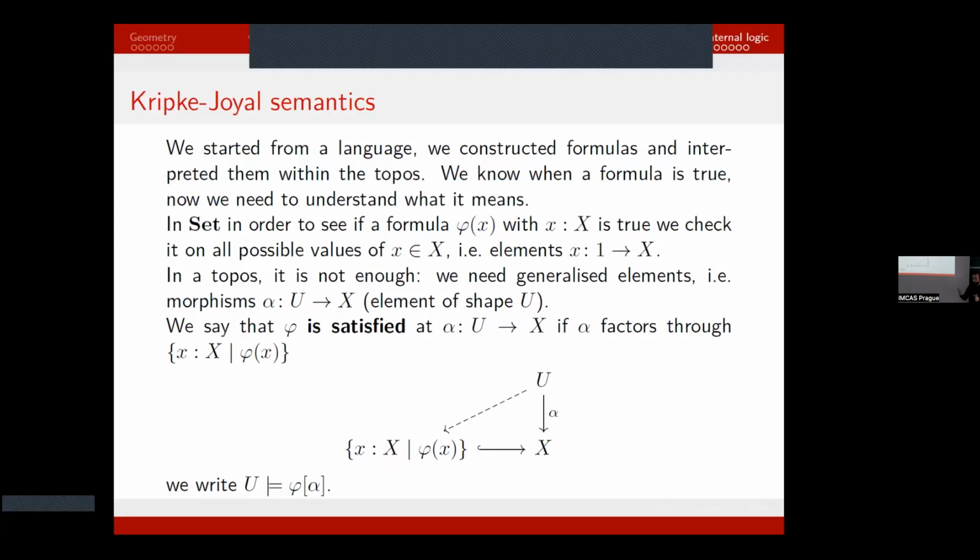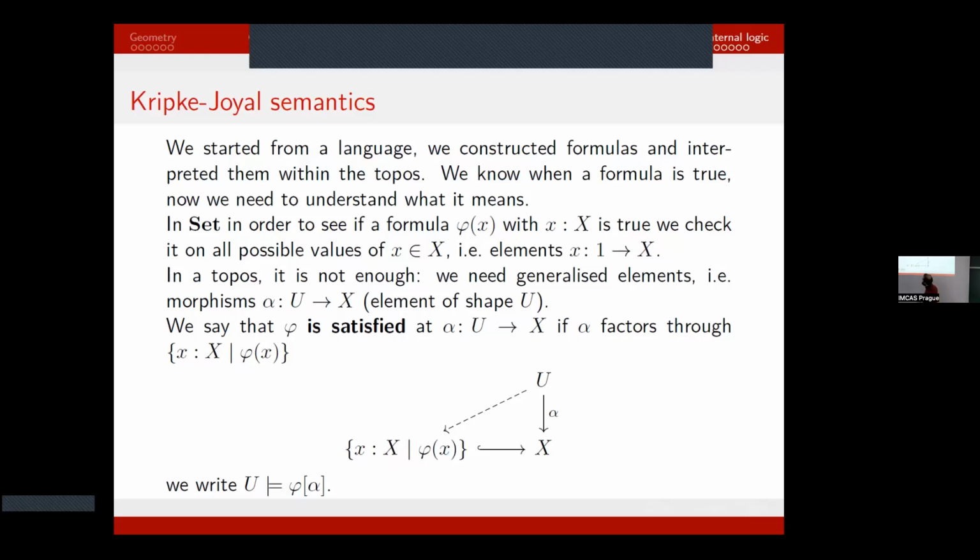And then we'll take the set of all points for which the formula is true. This is how it works in Set. Why? The reason is, as I said at the very beginning, 1 is a generating element for Set. We don't have this luxury in all topoi, elementary topoi.